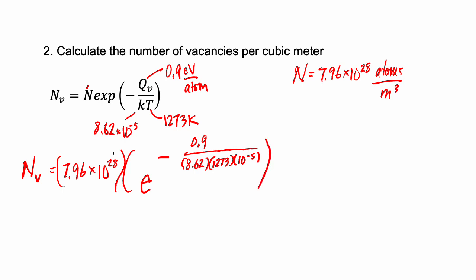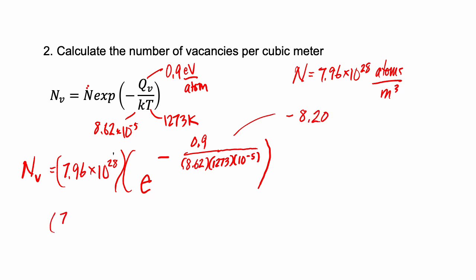So that would be, remembering to make this negative, e to the this total here is negative 8.20.